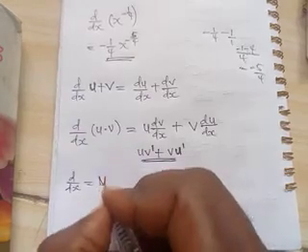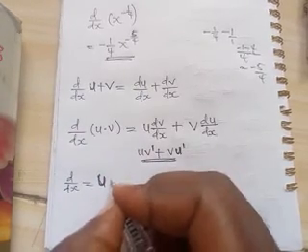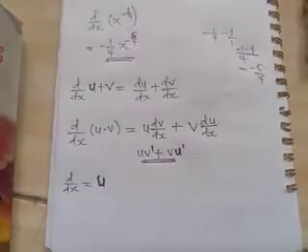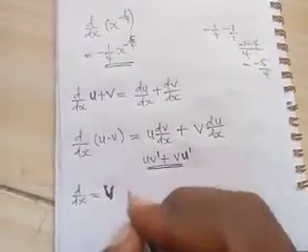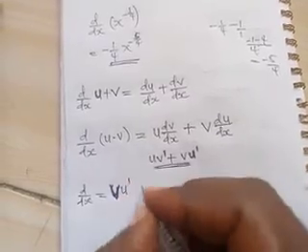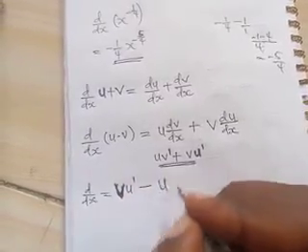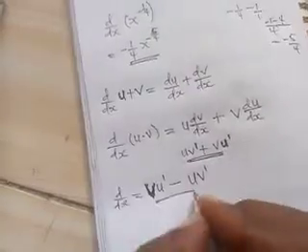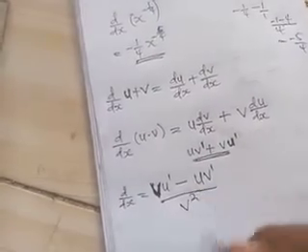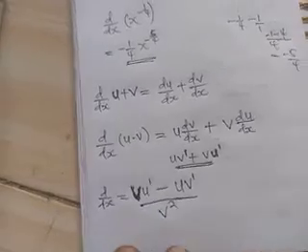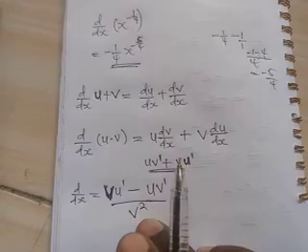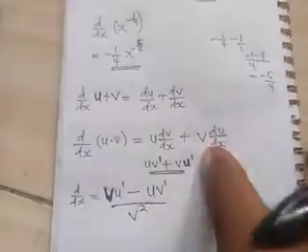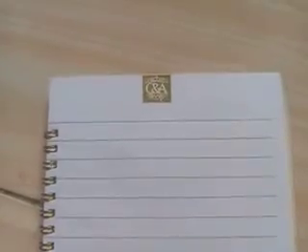I can keep u constant, differentiate, okay, v, keep v constant, differentiate u, minus keep u constant, differentiate v, over v squared. Now, we're going to do another video where we show some examples on this. But first of all, before we go, let's look at an example of the sum rule.